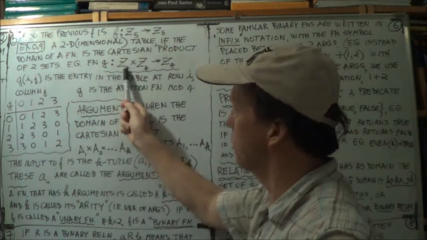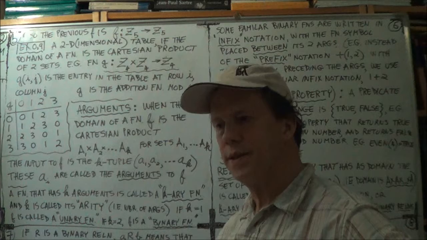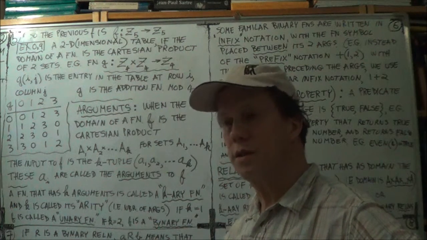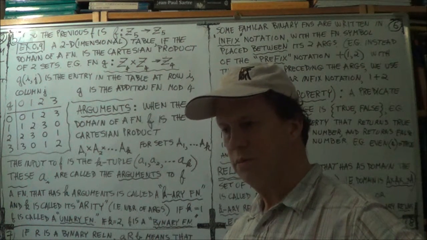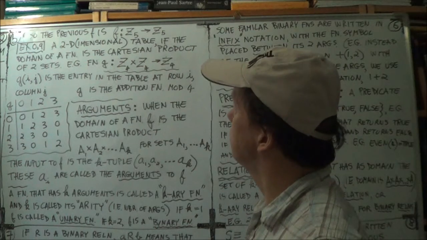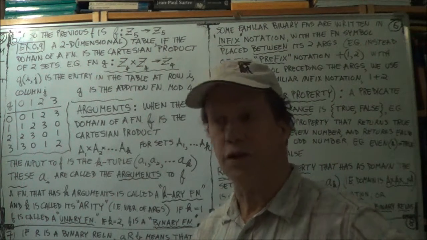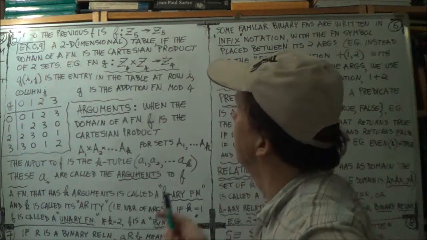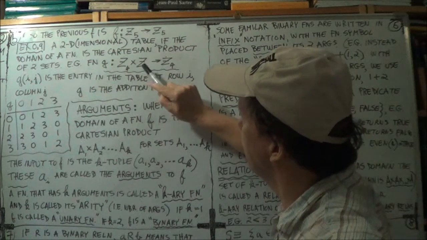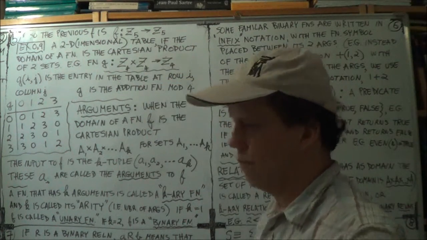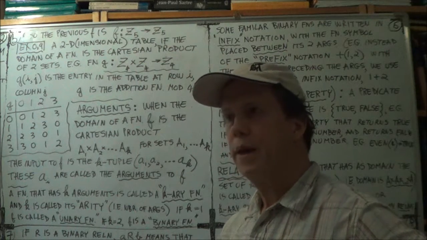What is Z4? It's the set of 4 integers: 0, 1, 2, 3. And we take the cross product of that set with itself.